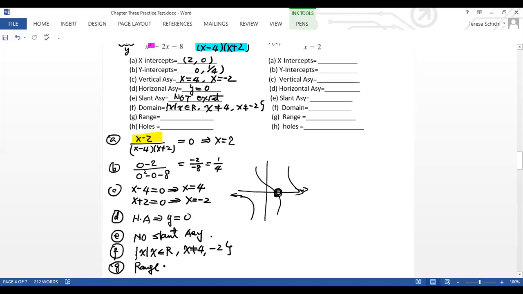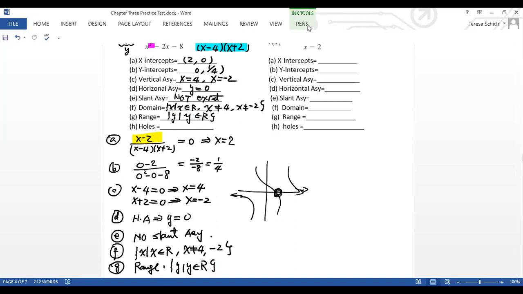So the range is the whole real numbers. Be careful: if they don't have the x-intercept, then because of the horizontal asymptote y equal to 0, you need to exclude 0 from the range. But here, because of the x-intercept, I know y belongs to the whole real numbers.